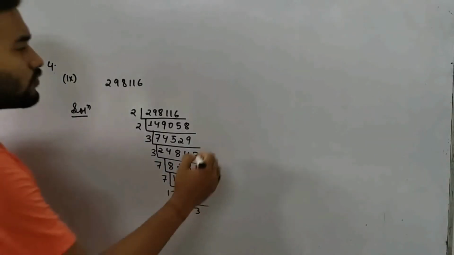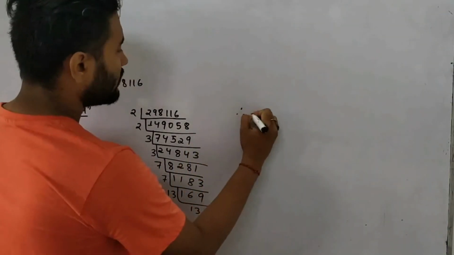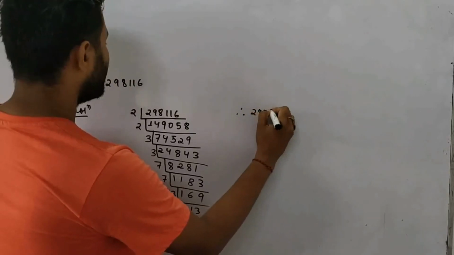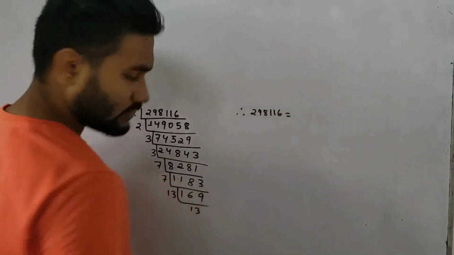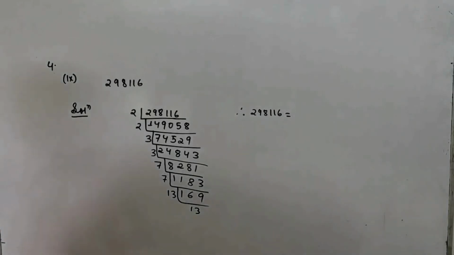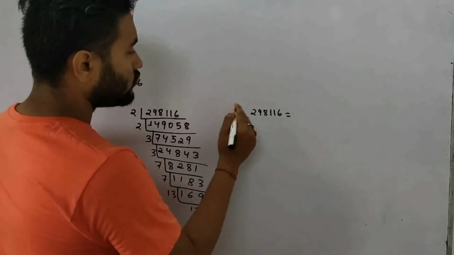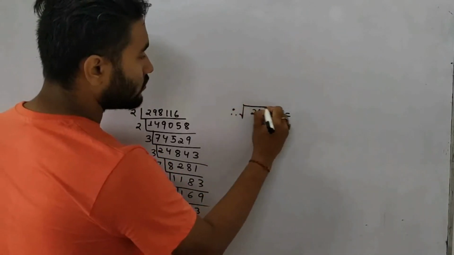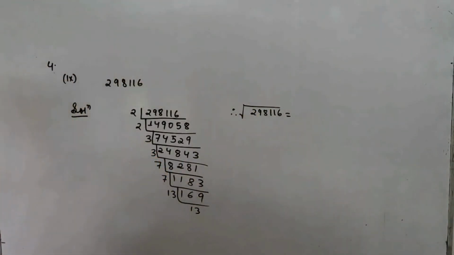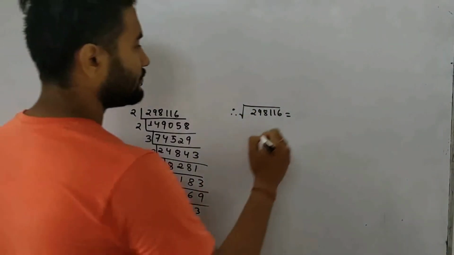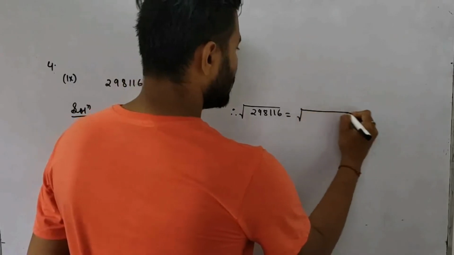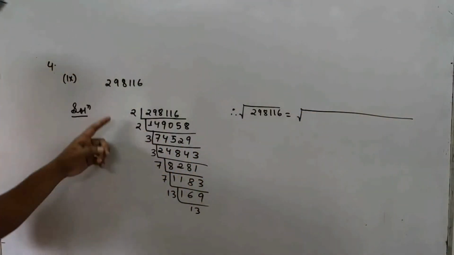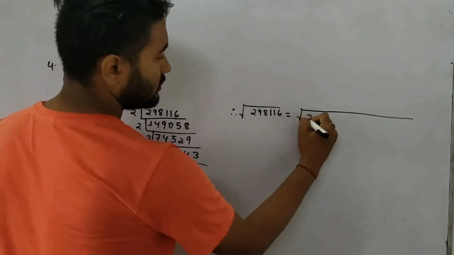So yes, we have to find the square root now. Therefore 298116 is equal to what? Find the square root, isn't it? So therefore we have to find the square root. So 298116 will be what? Root over, how many 2s are there? 2 is there.